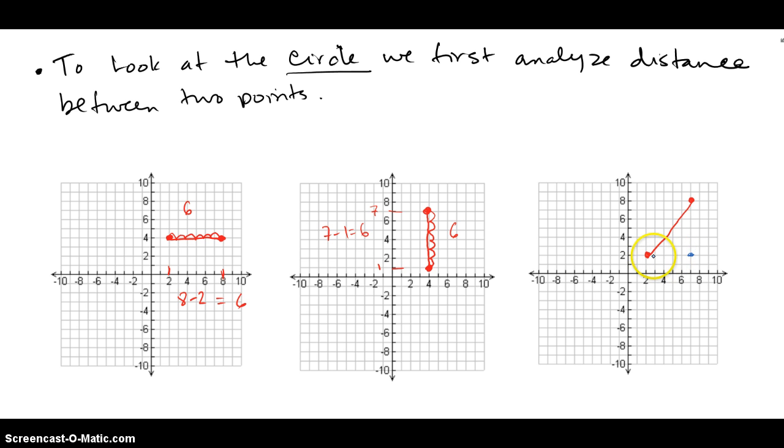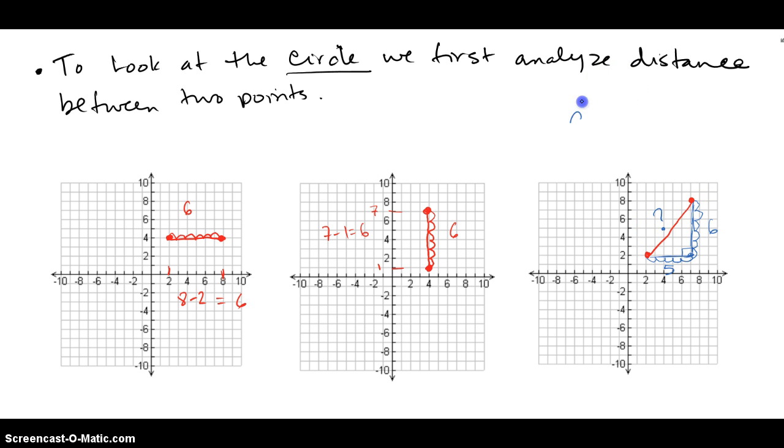And if I do that, then this horizontal segment and this vertical segment will be easy to find the distance for. Notice that'll be 1, 2, 3, 4, 5, so that's 5 steps, and the other one is 5 steps, that's 6 steps, and I can see that that makes a right triangle, so I can use the Pythagorean formula to find out what that distance is exactly.